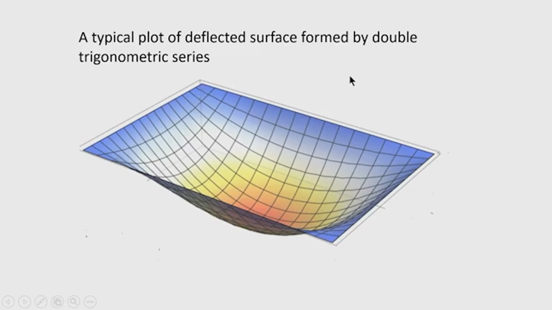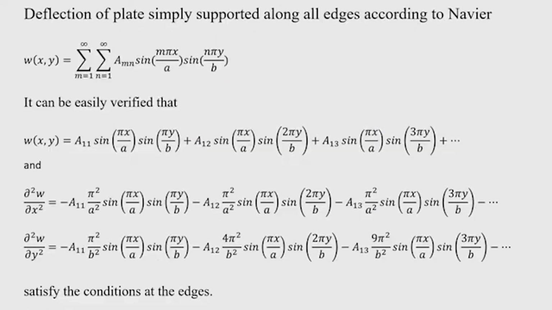When you superimpose all the waves and if you know the A_mn correctly, then you will get the correct magnitude of the deflection function or deflection surface of the rectangular plate simply supported along all edges, subjected to any type of load. Now, let us come to the solution.